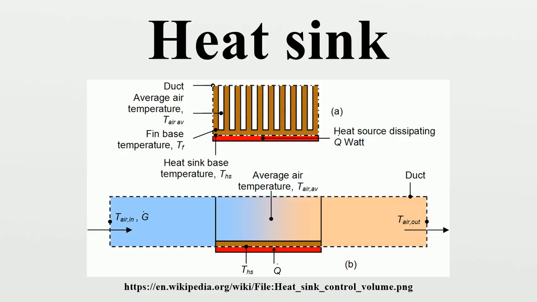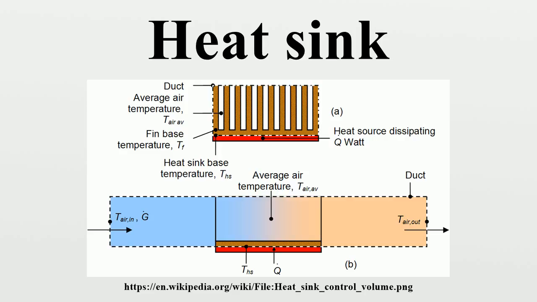Spreading resistance is another parameter that concerns the thermal conductivity of the heat sink material. Spreading resistance occurs when thermal energy is transferred from a small area to a larger area in a substance with finite thermal conductivity. In a heat sink, this means that heat does not distribute uniformly through the heat sink base.